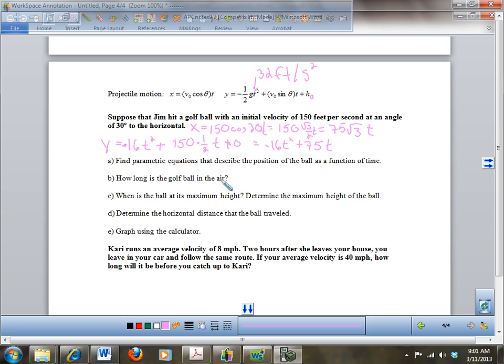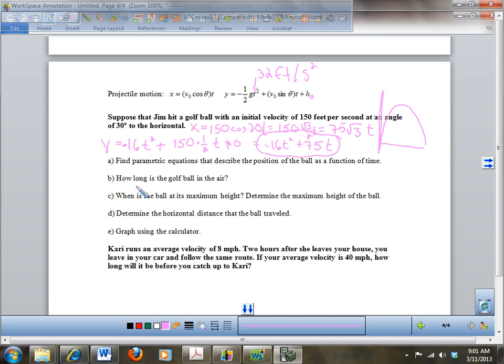How long is a golf ball in the air? To figure out how long the golf ball is in the air, you have to figure out where this is equal to 0. Because one component is pushing it this way, and the other component is pushing it up. So your net effect is your ball is going up and down. You understand that?